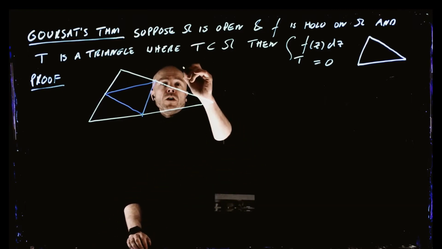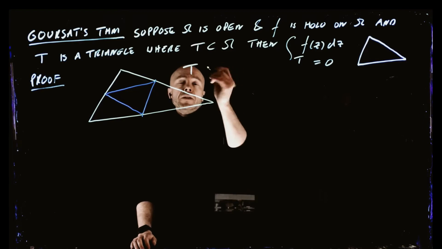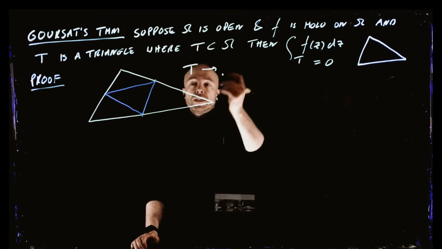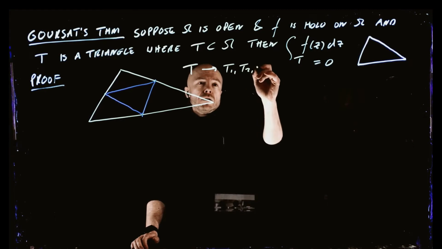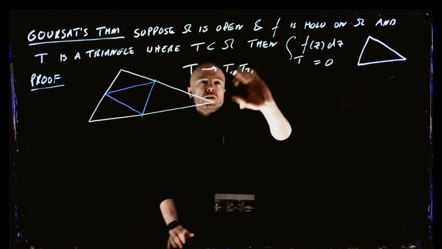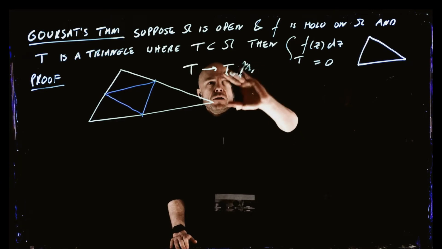suppose we go from T, and then we go to this next generation. Actually, I'm going to use T1 and T2 later, so let's not call them that.